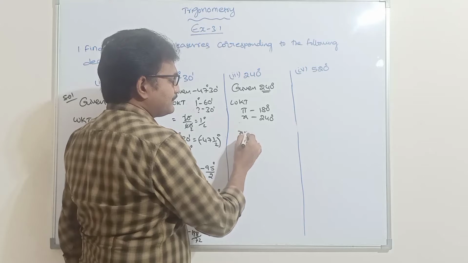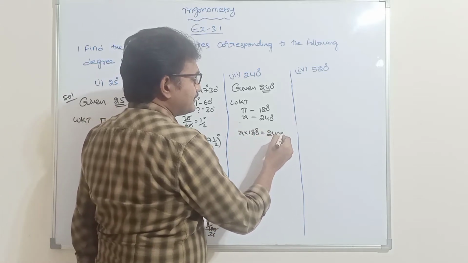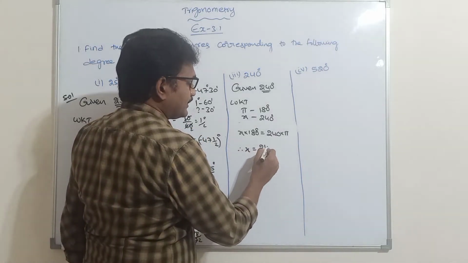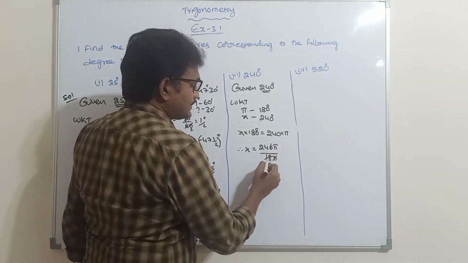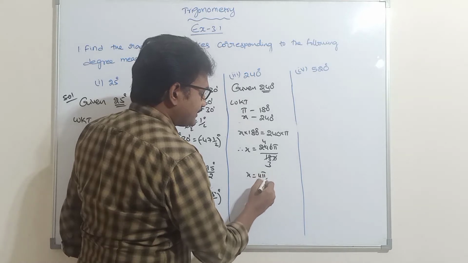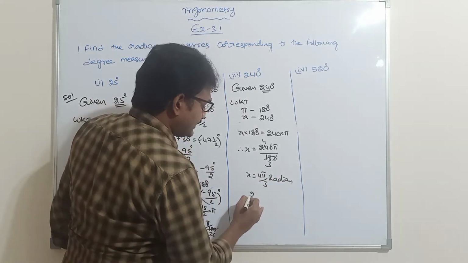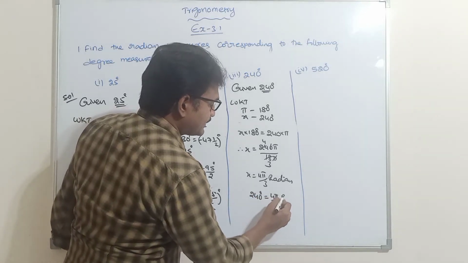Then x into 180 is equal to 240 into pi. Therefore, x is equal to 240 pi by 180. 60 3s are 180, 60 4s are 240. So x is equal to 4 pi by 3 radians. That means 240 degrees is equal to 4 pi by 3 radians.